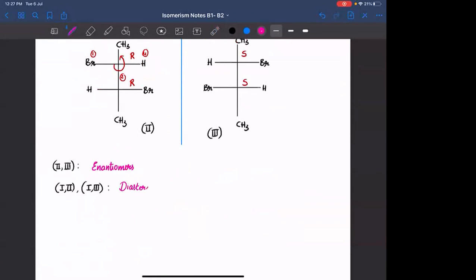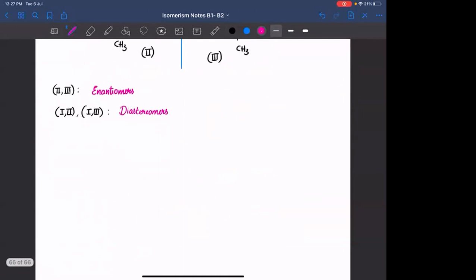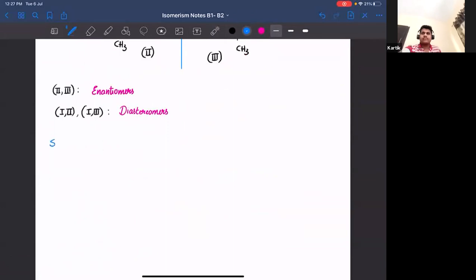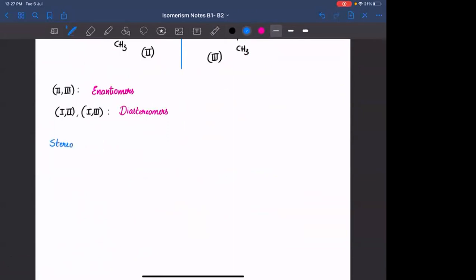सर वो ज्योमेट्रिक आइसोमर नहीं होंगे क्या? Geometrical isomers. एक बार मैं बताता हूँ. यहाँ पे I am writing a definition once. Stereoisomers which are not mirror images of each other.